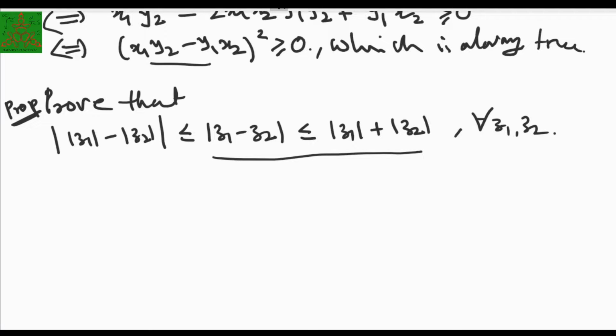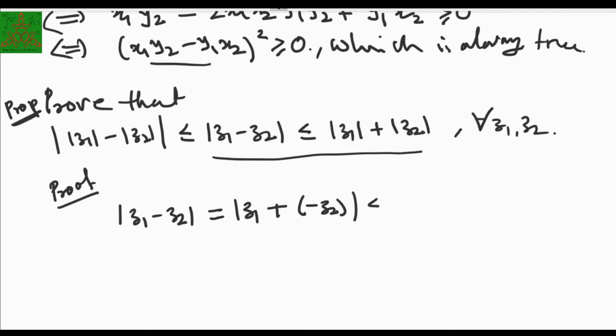How can we see that? Mode of z1 minus z2 is equal to mode of z1 plus minus z2. By triangle inequality we can write this as mode of z1 plus mode of minus z2, and mode of minus z2 by definition is mode z2, so it is mode z1 plus mode z2.